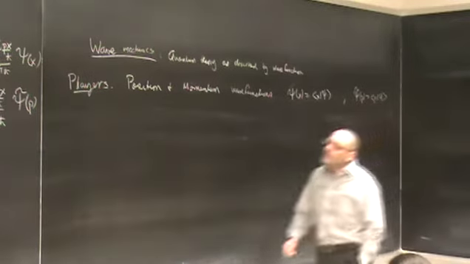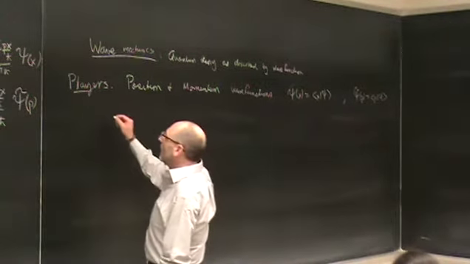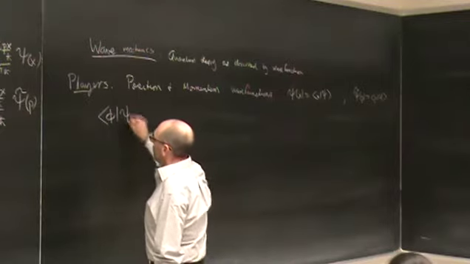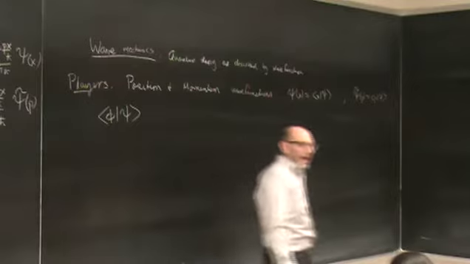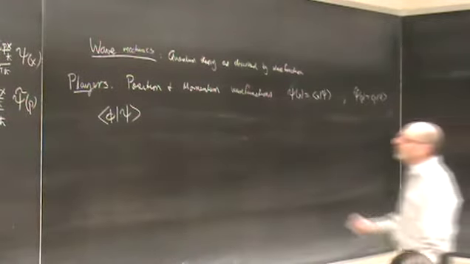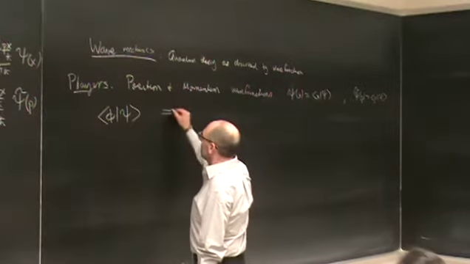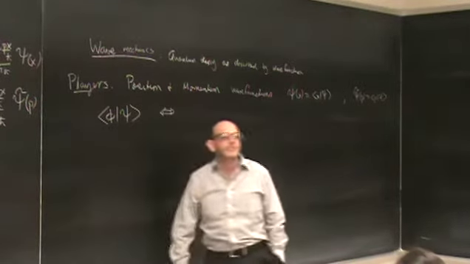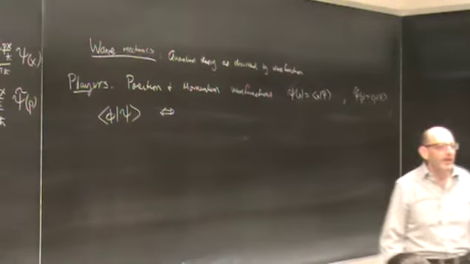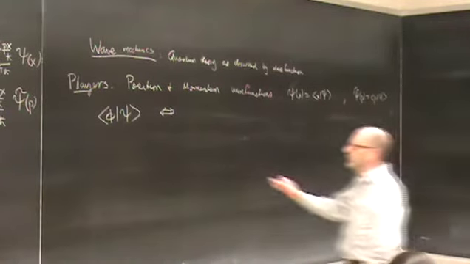All right. So if we talk about, for example, the inner product between two kets, then that has an equivalent in wave function language. How do you project one wave function onto another? Well, we know how to do that.